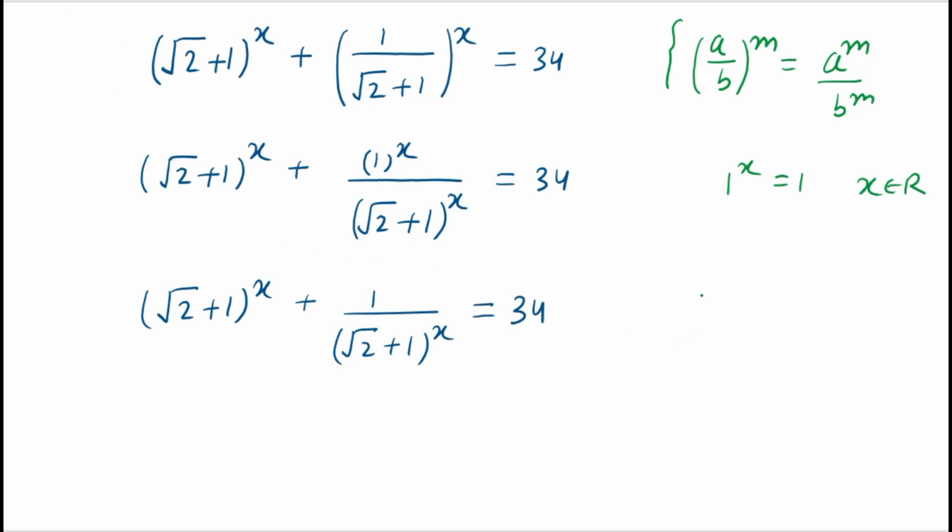Now here we will apply substitution, and if we substitute (√2 + 1)^x equal to m, then in the left hand side m + 1/m is equal to 34.